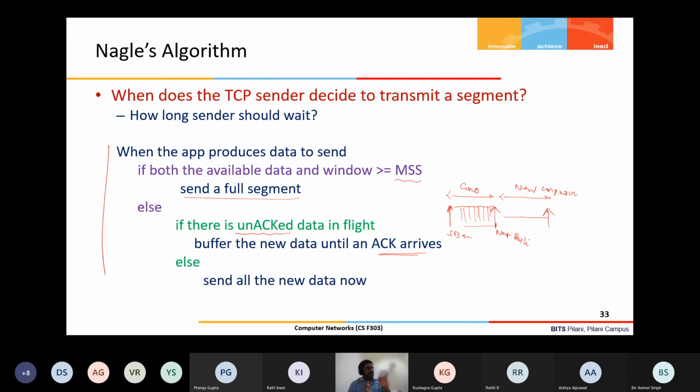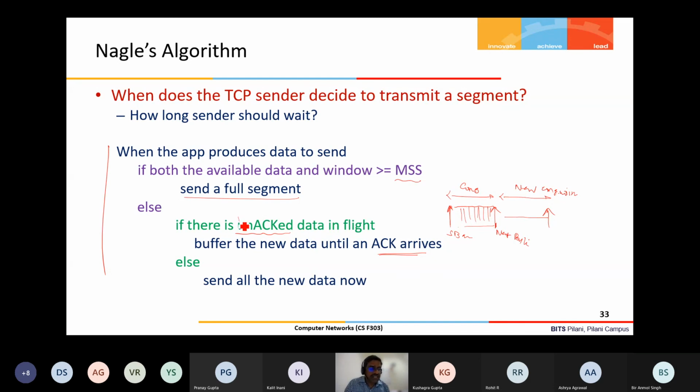The receiver always sends the acknowledgement as quickly as possible. The sender should wait, and now the sender has an idea of how much unacknowledged data there is. So I will buffer the new data until the ACK arrives. Once the ACK arrives, my window will open more, and then I will be able to send a complete one MSS.